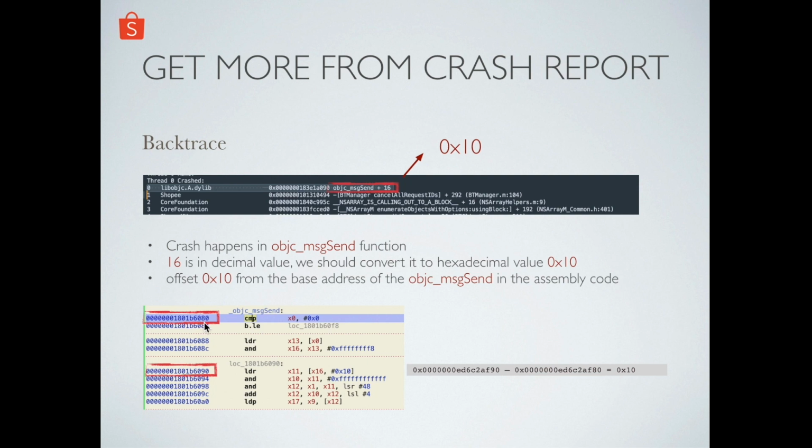We add the 10 offset to this value and figure out the exact line of assembly code in this binary where the crash happened. This figure is AF90. This is the line of code where the error happened.